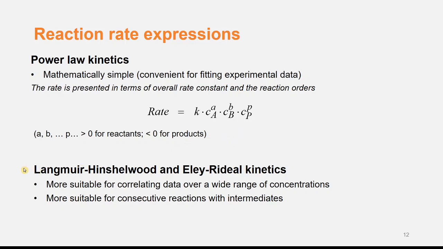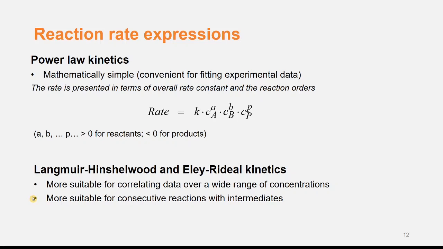So, more mechanistic or physics-based models have been developed, and two very popular and useful ones are the Langmuir-Hinshelwood and Eley-Rideal kinetics. They are suitable for wide ranges of concentrations and also for consecutive reactions with intermediates.